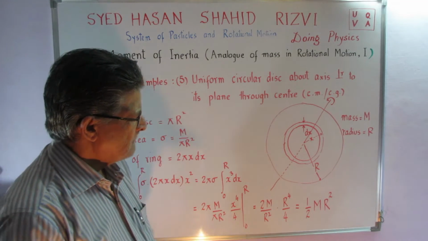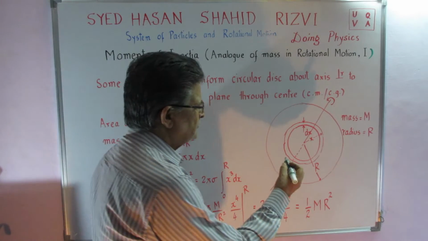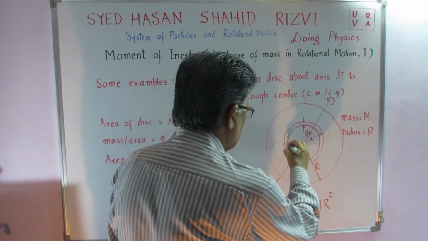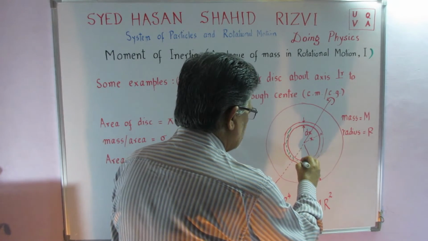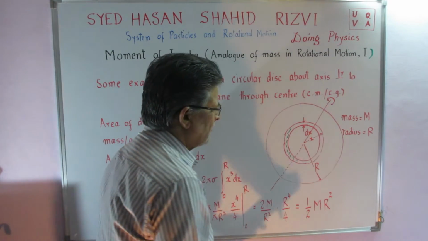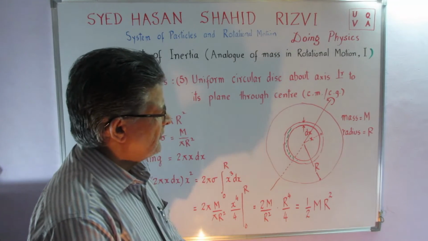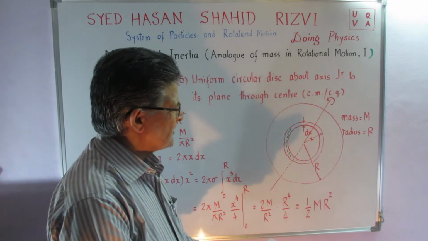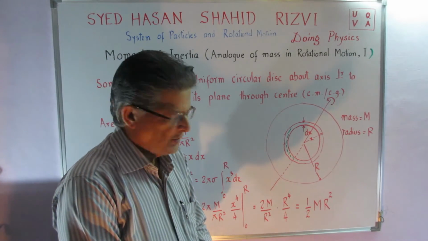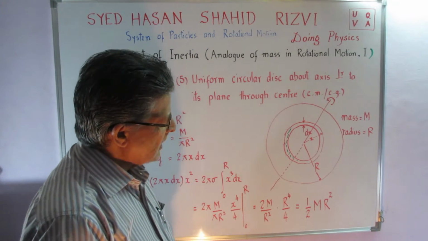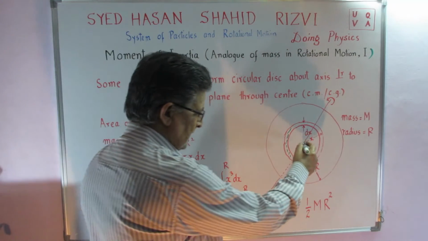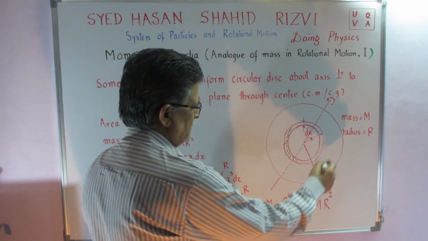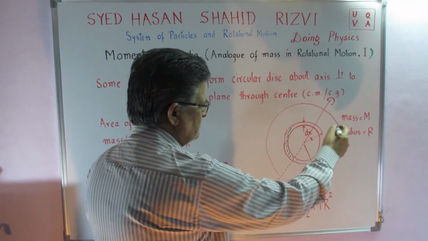Now, on this disc I draw another ring, very thin one, of thickness dx, which is infinitesimally small, and taking the radius over here as x, for the entire thing of mass m and radius r.